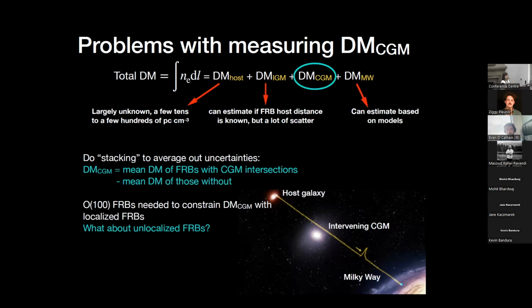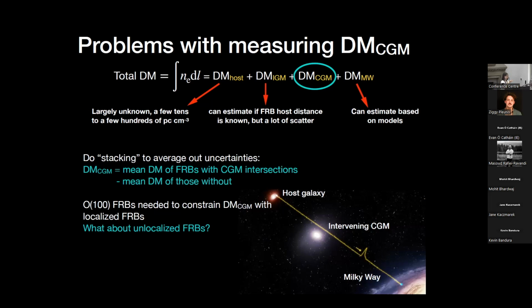Previously, when theorists proposed this idea, they assumed that the FRBs are localized, which means that you can get an estimate for the DM from the IGM in an average sense. So people predicted that with order 100 FRBs, you can get a pretty decent constraint on the DM from the CGM. But the problem in my project is, what about unlocalized FRBs?